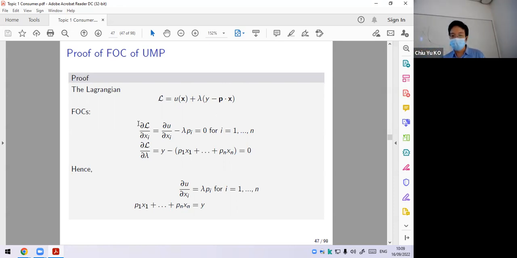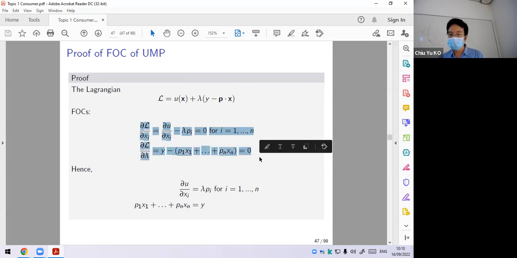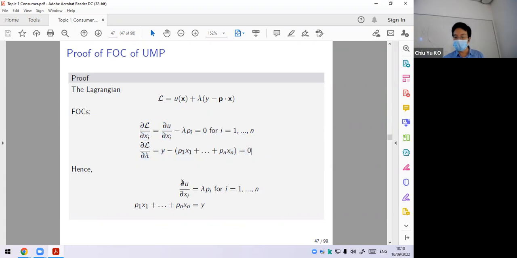So this is the first order condition, the first derivative, and it turns out the solution to this is also a sufficient condition. So we don't need to check the SOC. Even though this is necessary, given we know it is quasi-concave, we know the maximum is unique, so that's already sufficient.